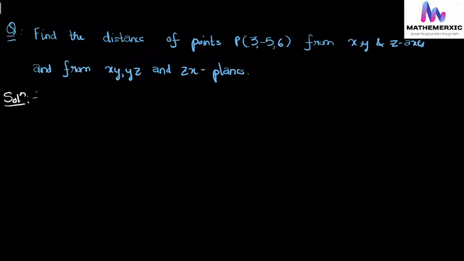So the distance of a point from the x, y and z axes. The point is (3, -5, 6).